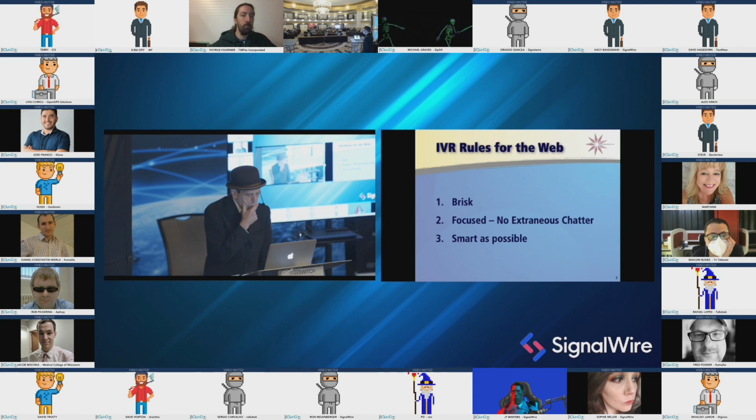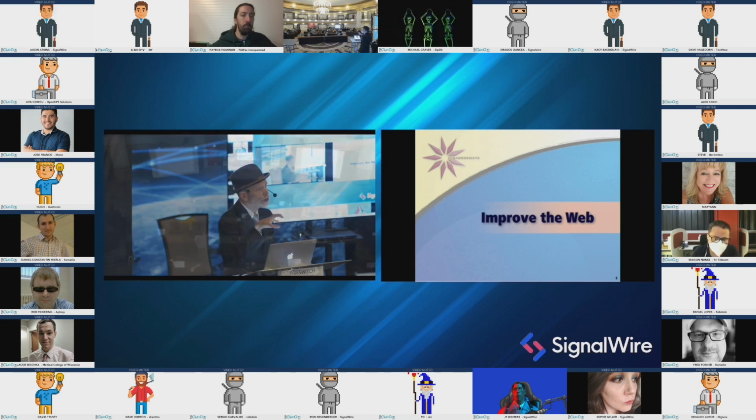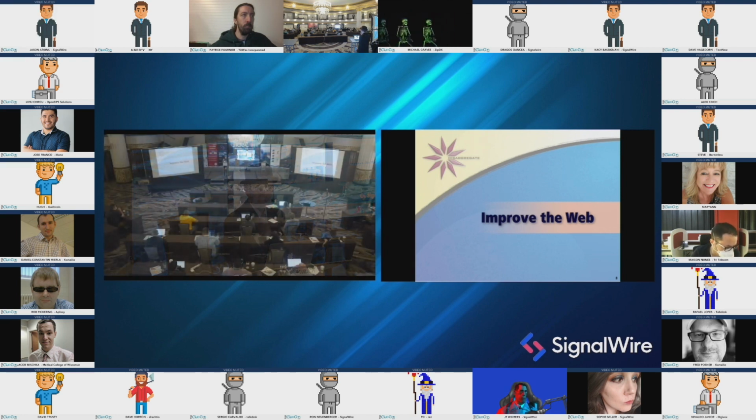So let's improve the web. I'm going to give you some examples of websites making errors that we avoid in IVR systems. And I just want to say that these rules that I came up with, brisk, focused, and as smart as possible, were at one time a little bit controversial. And I think that's where we settled in IVR systems. 20 years ago, there was a fad where we're going to have personas.